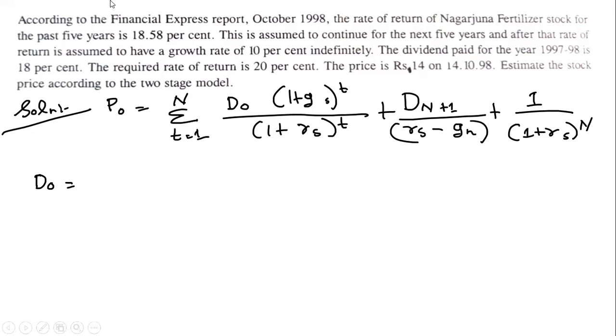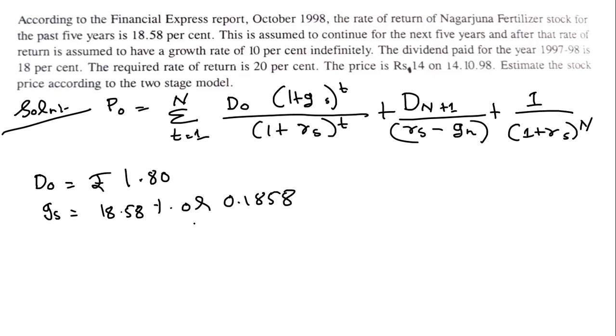The dividend paid for the year 1997-98 is 18%, so we'll consider that as rupees 1.80. gs is 18.58%, that is nothing but 0.1858. gn is 10%, or we can say 0.10.